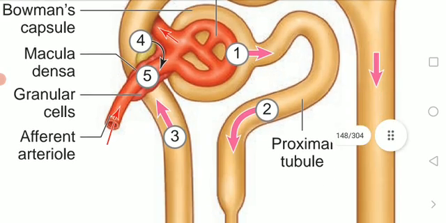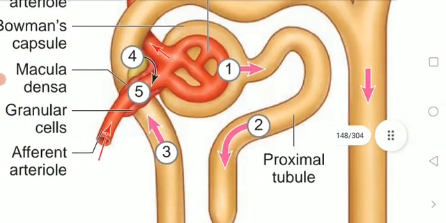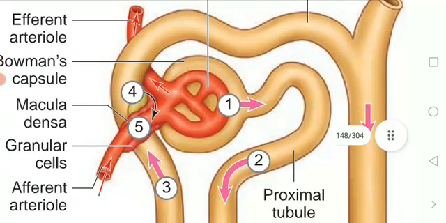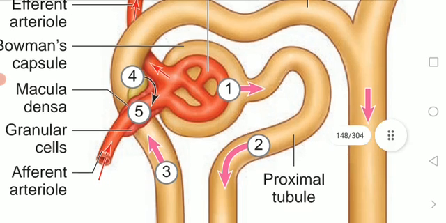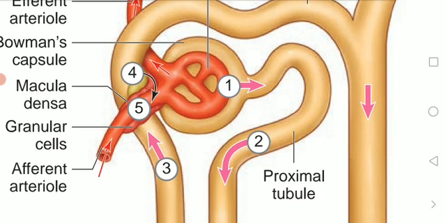Through the afferent arteriole only, the blood will enter, and it leaves the glomerulus through the efferent arteriole. This force is because of the difference in size between the afferent and efferent arterioles.